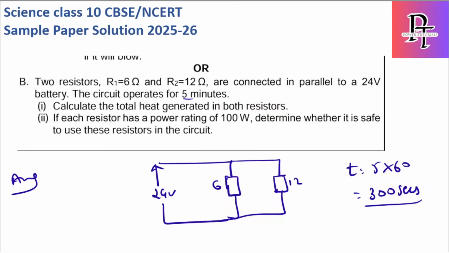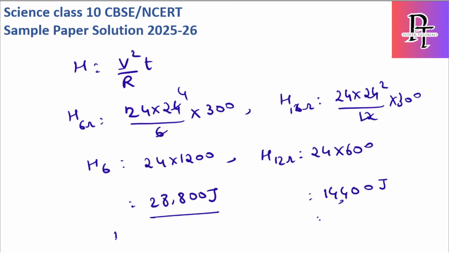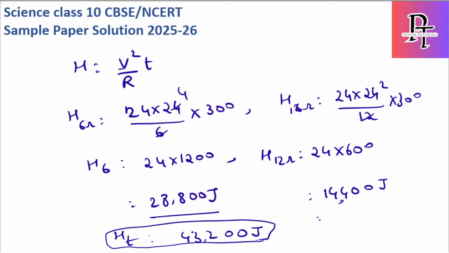What they are asking is the total heat generated. So the total heat will be the summation of these two, which is 43,200 joules. This is the total heat value.